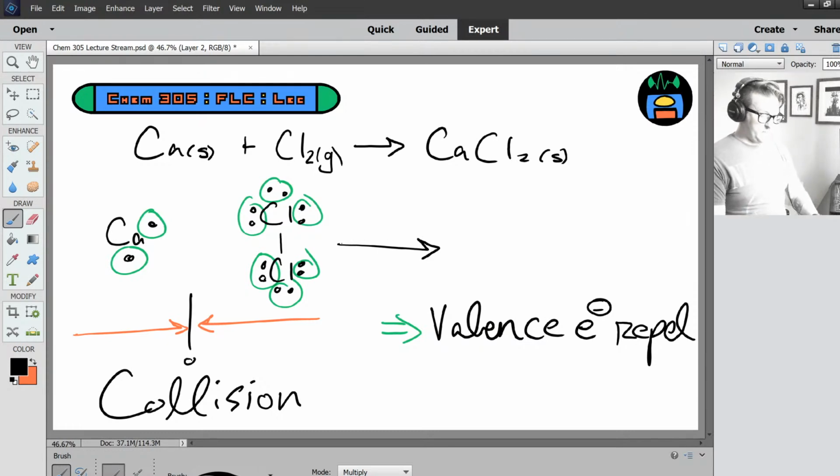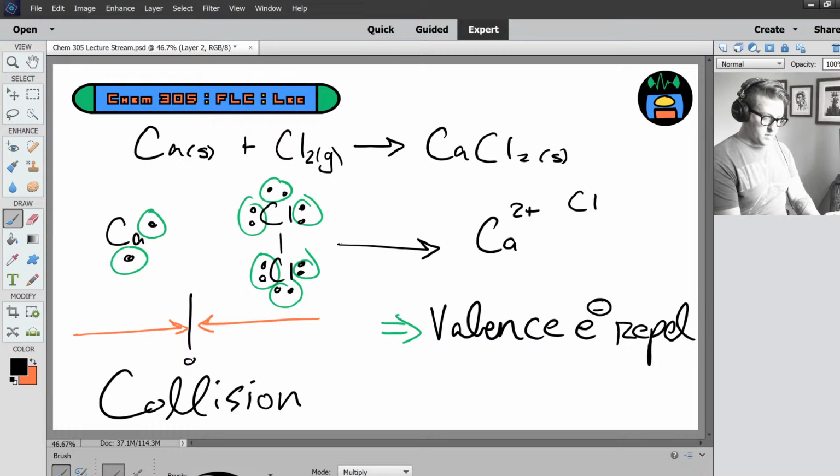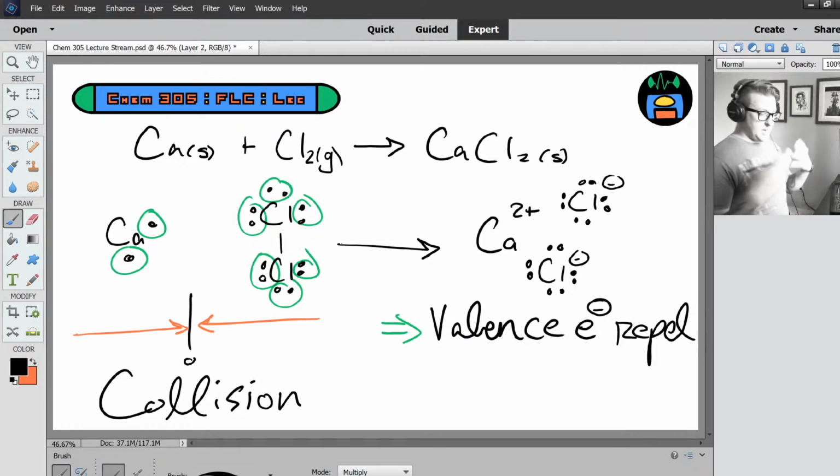Okay. So their valence electrons repel each other, right? They all have negative charges, like charges repel. So in order for these two reactants to collide and react and form our molecule of calcium chloride, they have to have enough energy to overcome that repulsion, to get close enough to collide so they can exchange electrons and become the product that they're meant to be.